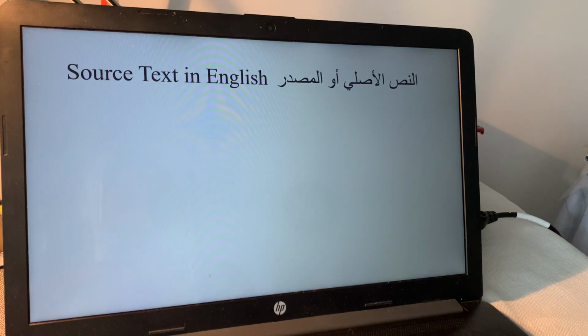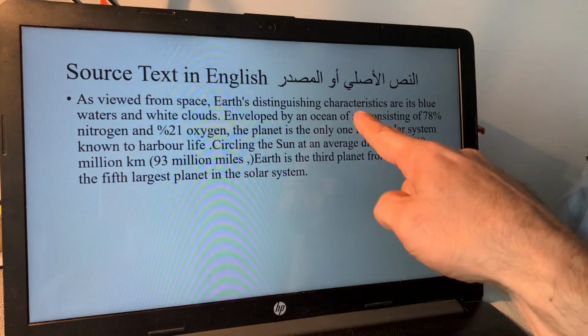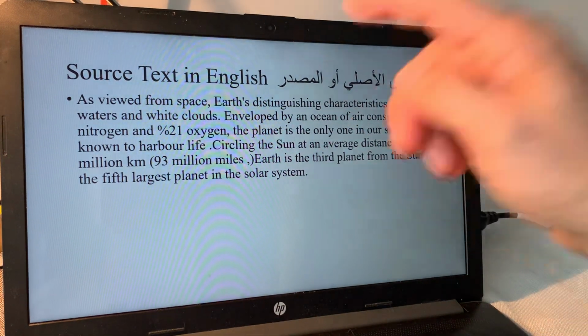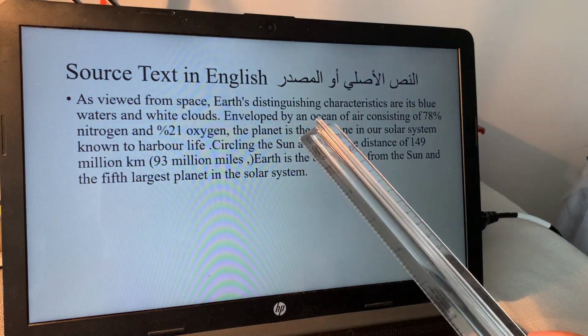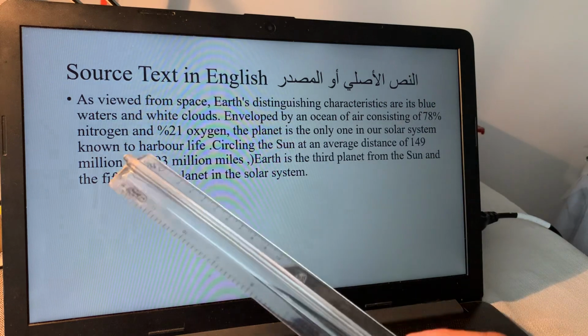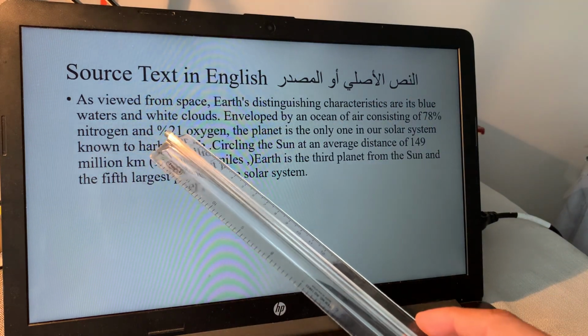Now here is the text, which is the source text which is published, and I am going to actually read it for you. As viewed from space, Earth's distinguishing characteristics are its blue waters and white clouds, enveloped by an ocean of air consisting of 68 or 78% nitrogen and 21% oxygen.